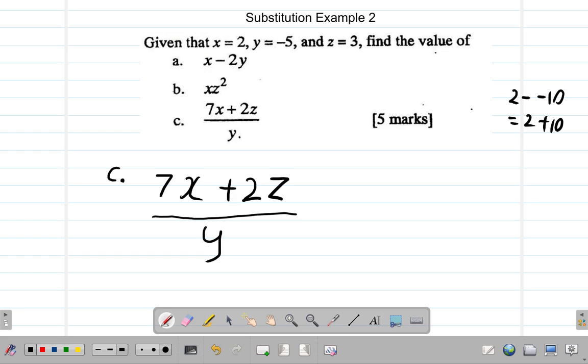So you take 1x and multiply by 7. So it is 7 multiplied by x. But you normally don't put the multiplication sign between two letters or a letter and a number. But since we're going to work this out, we put the multiplication sign there. This is 2 multiplied by z.